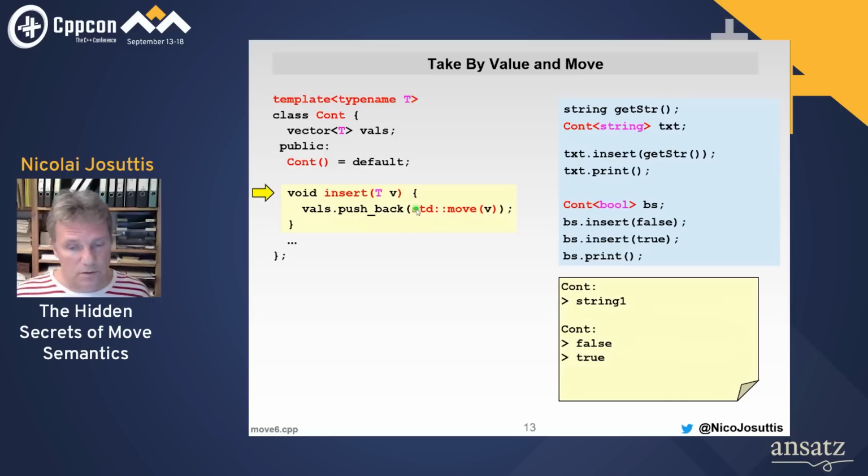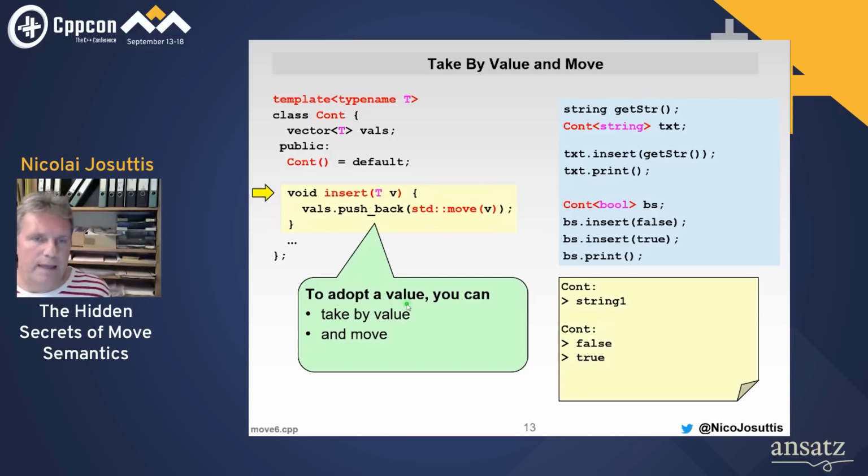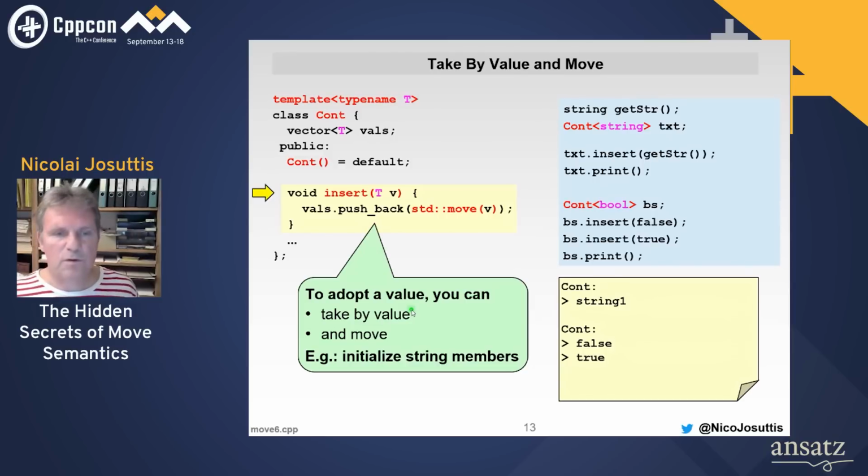It's not always a good strategy. It works sometimes. So move semantics makes a call by value and return by value cheap, as long as what you return or what you pass is an rvalue, which is an object you no longer need, a temporary object, or an object marked with move. So yes, you can take by value and move, and you can use that, for example, to initialize string members in a constructor.